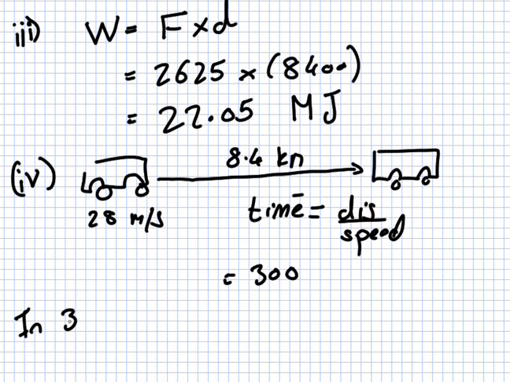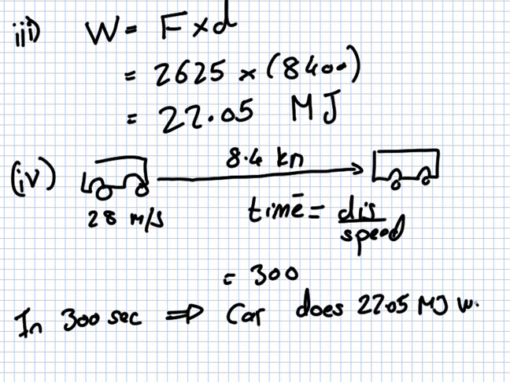So you can say in 300 seconds, that means the car does 22.05 megajoules of work. So then in 1 second, how much work is being done? Well, that's 22.05 divided by 300.